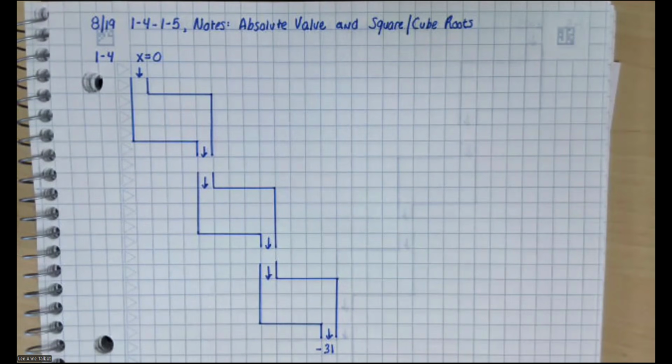So your job in your group is to figure out what order those 3 go in, to start by plugging in a 0 and getting a -31 out at the very end. And there's one of them that doesn't make sense to start with.